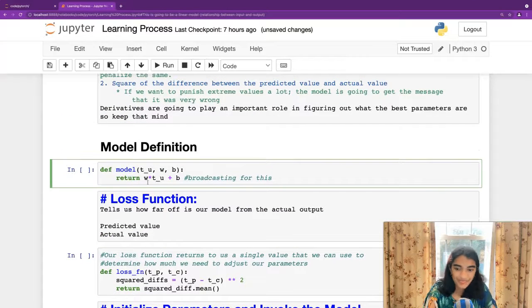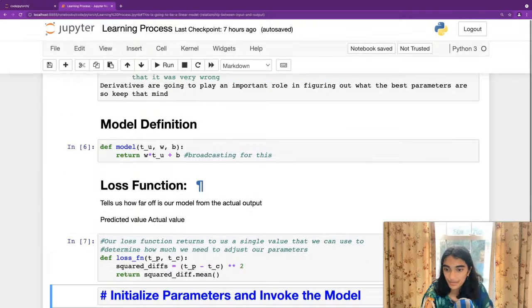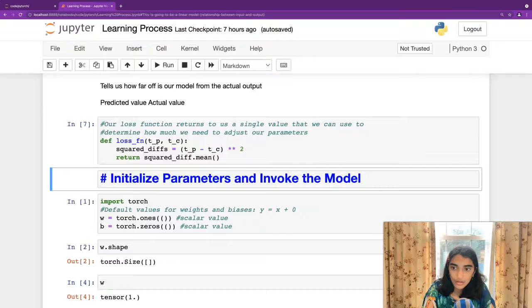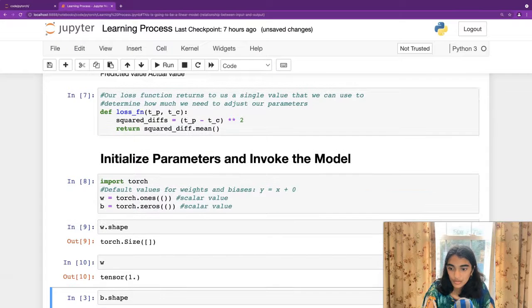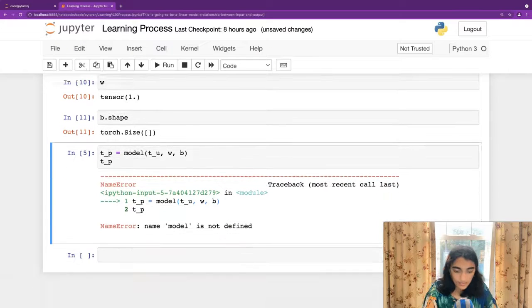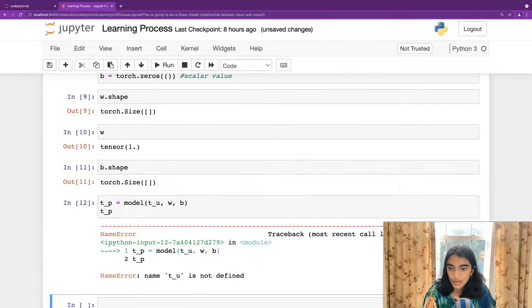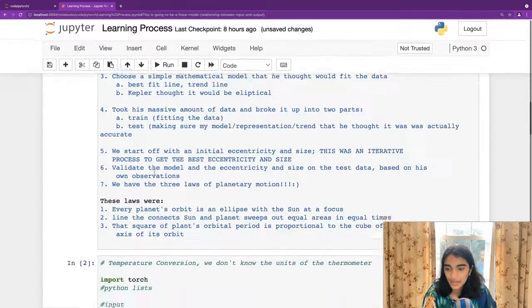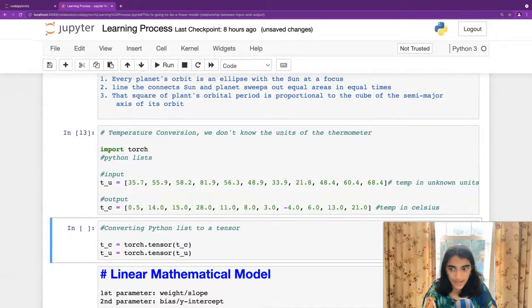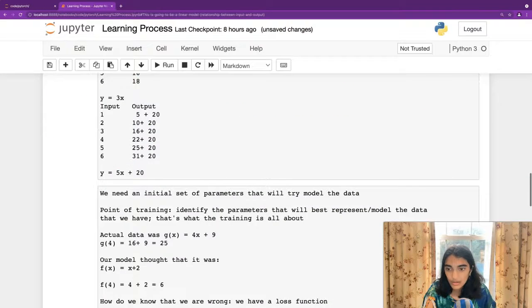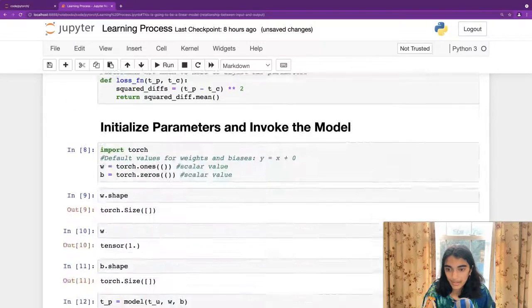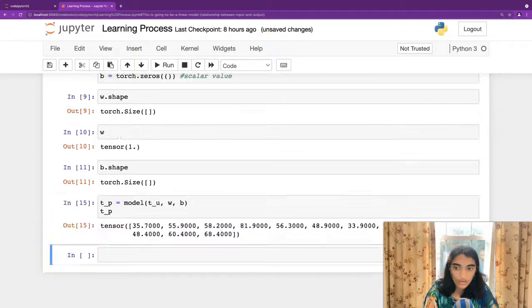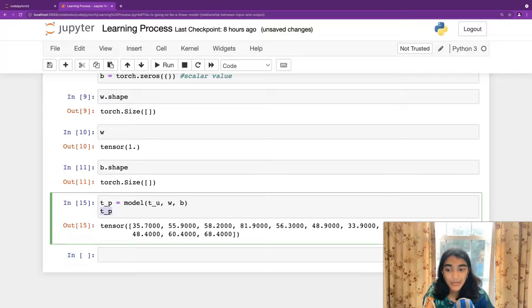We didn't run this. TU is not defined. Maybe it's been a while since we ran this. Let's run this again. Okay, good. Now we have some predictions.